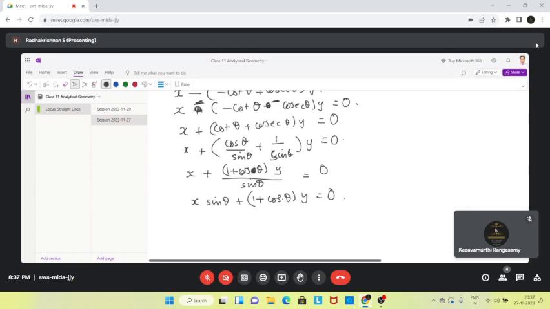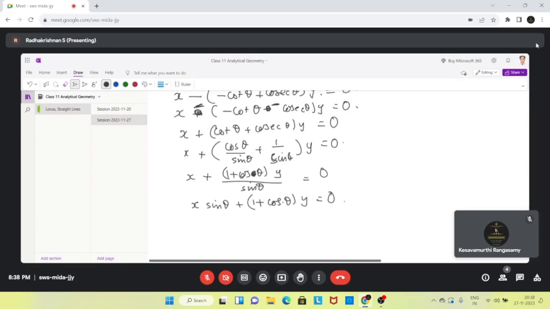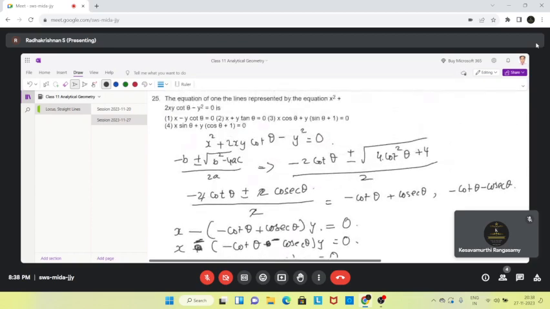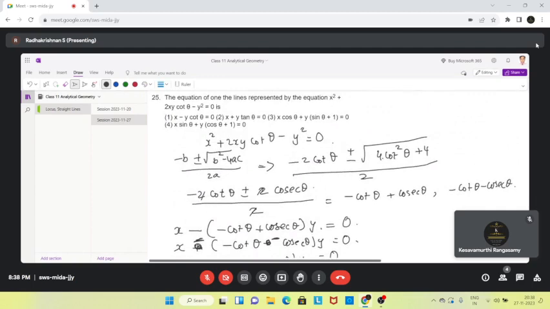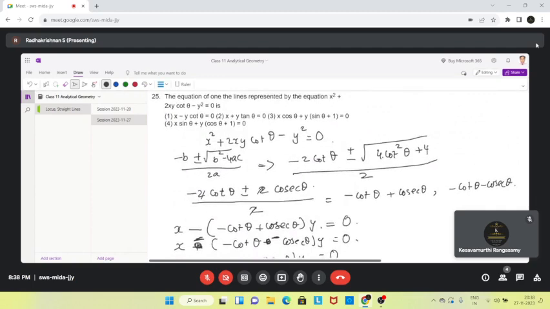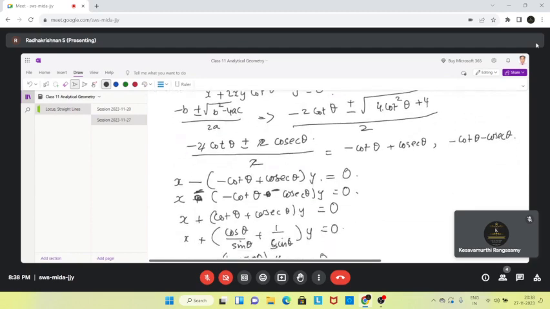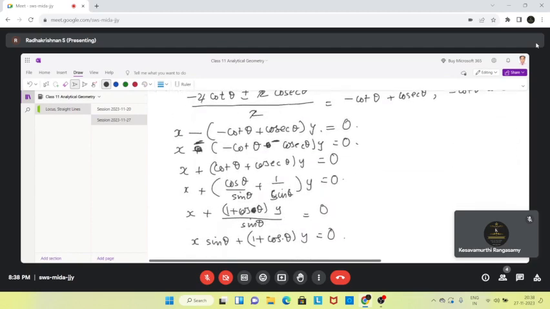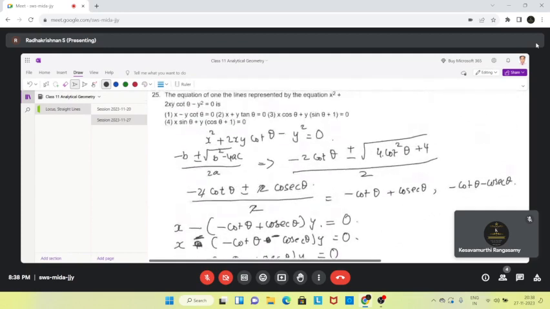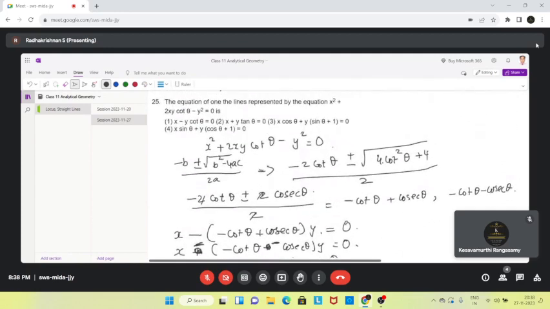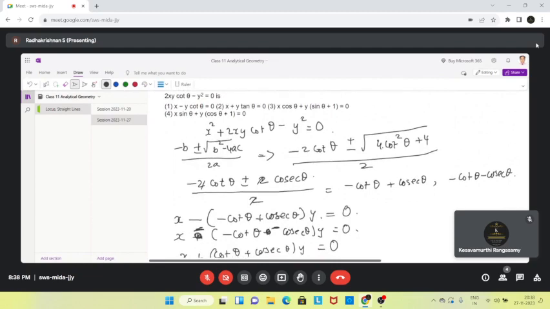That is, x sine theta plus y into (1 plus cos theta) equal to 0. So is that given? You see that is given. Option number 4.